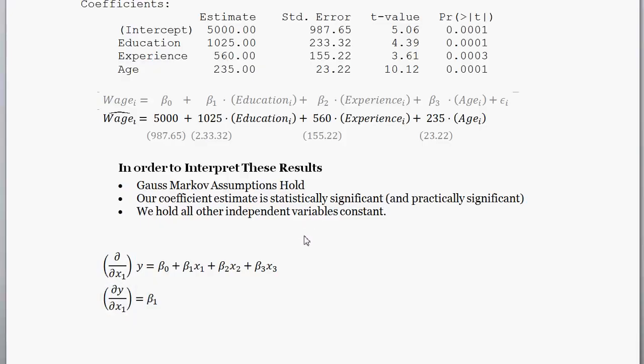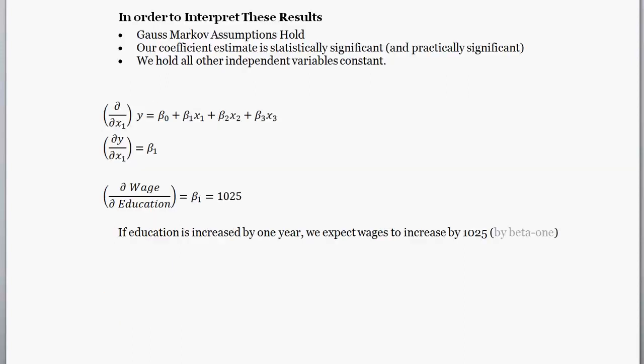Now, applying that to our model, with wage as a function of education, experience, and age, we get the following. If education is increased by a single year, we expect wages to go up by $1,025. So it's the effect on this variable of a 1 unit change in this variable.